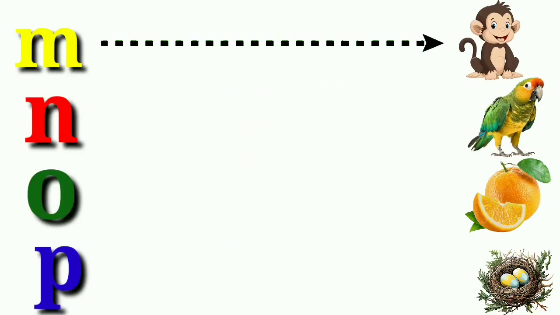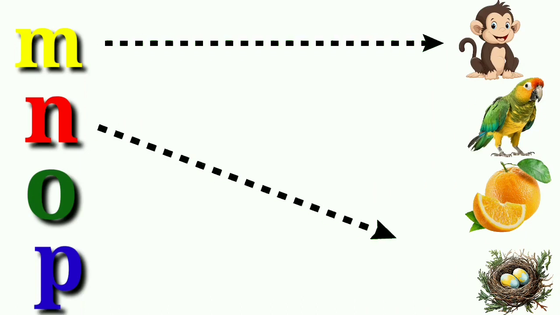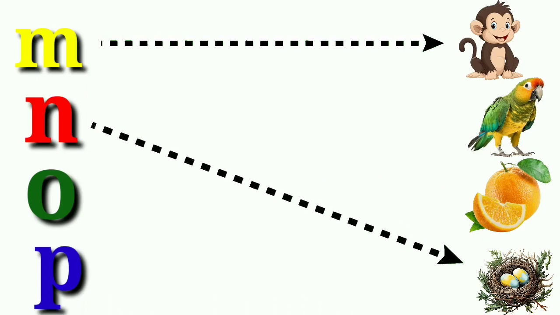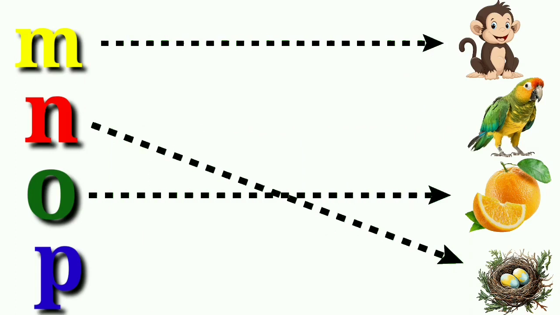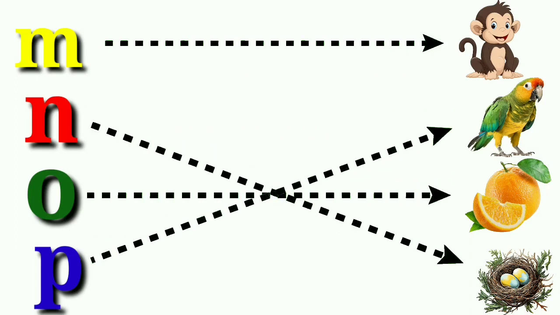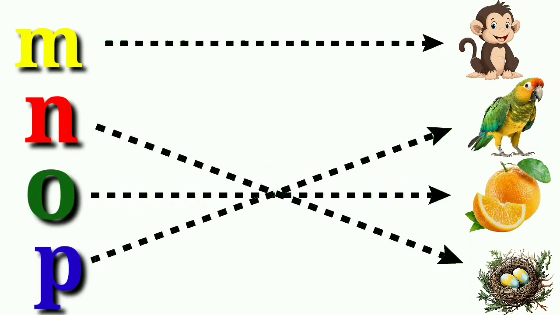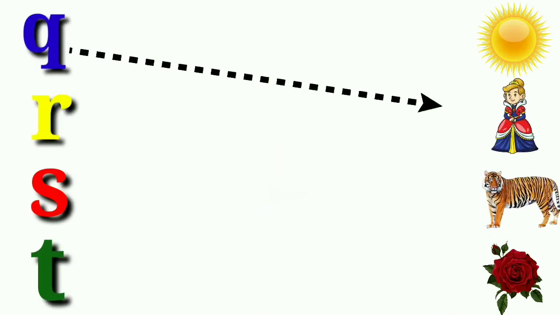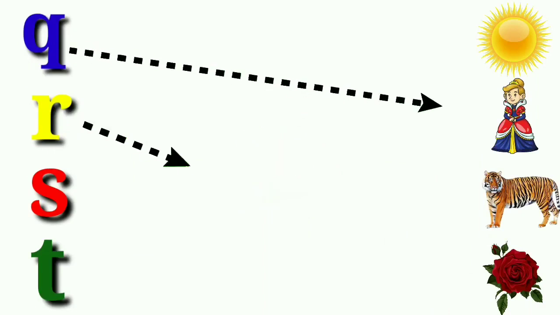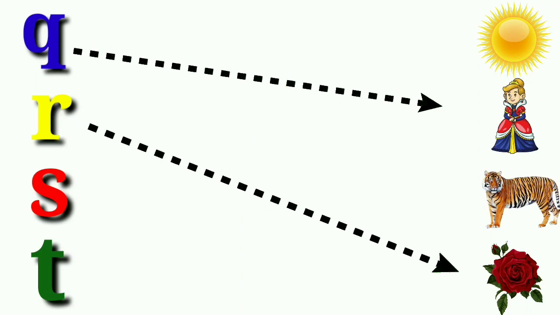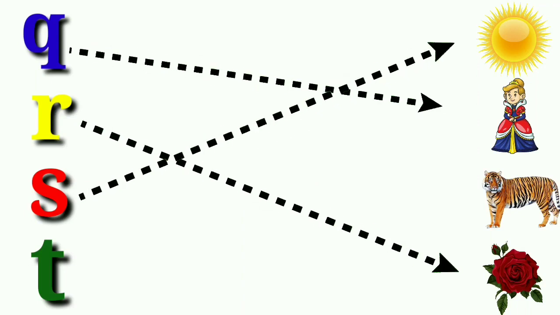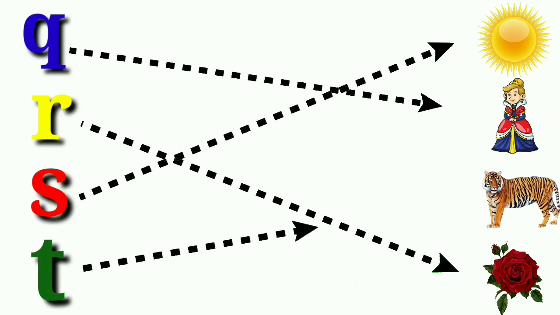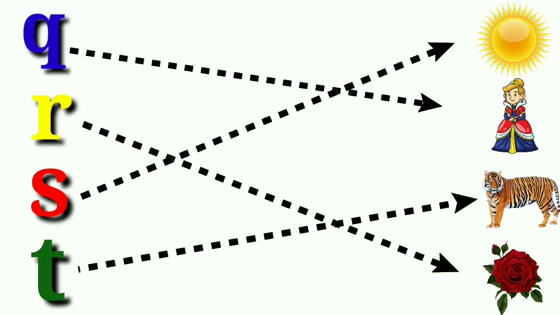M for monkey. N for nest. O for orange. P for parrot. Q for queen. R for rose. S for sun. T for tiger.